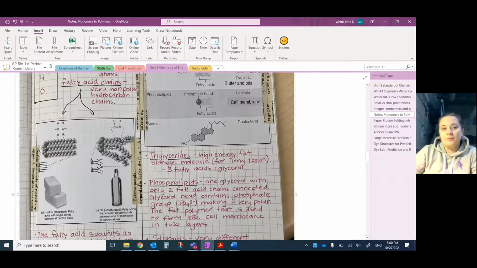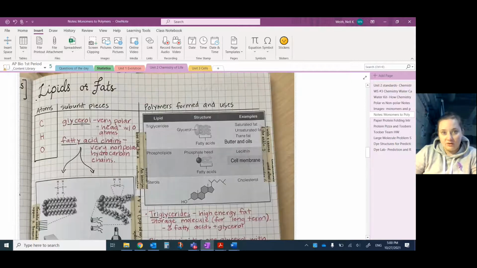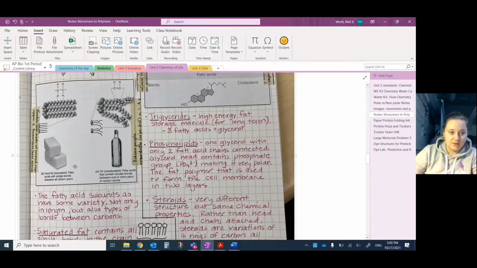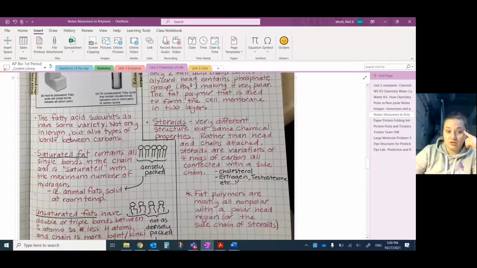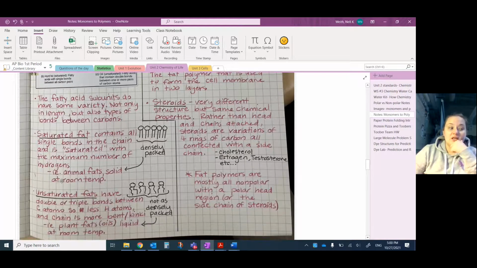So glycerol doesn't have a lot of variety to it, but the fatty acid chains do have variety. There are 2 categories of them. We have both saturated fat, like I mentioned, and unsaturated fat. So the saturated fat is, in a sense, saturated with the maximum number of atoms possible in that fatty acid chain.